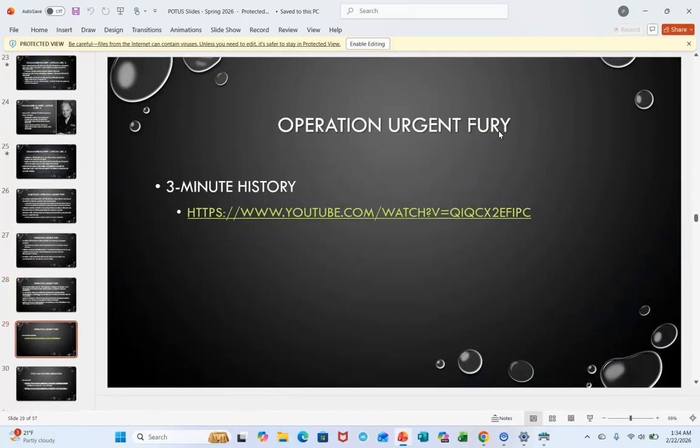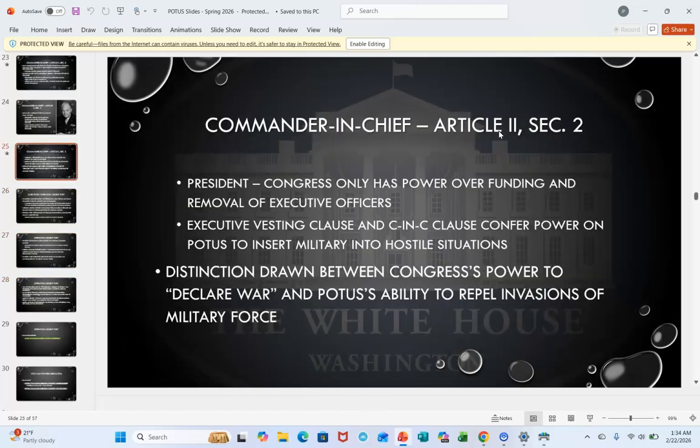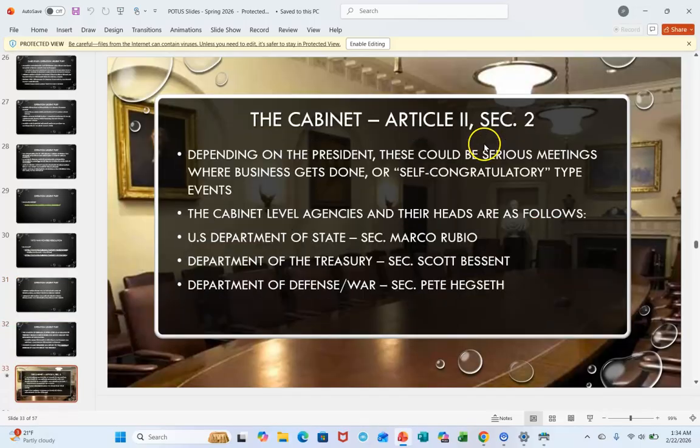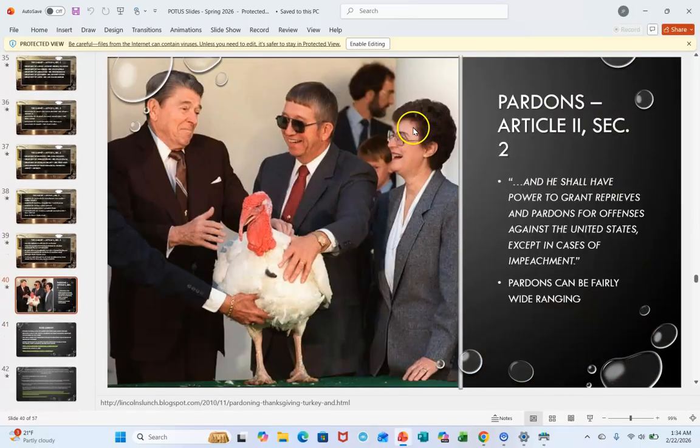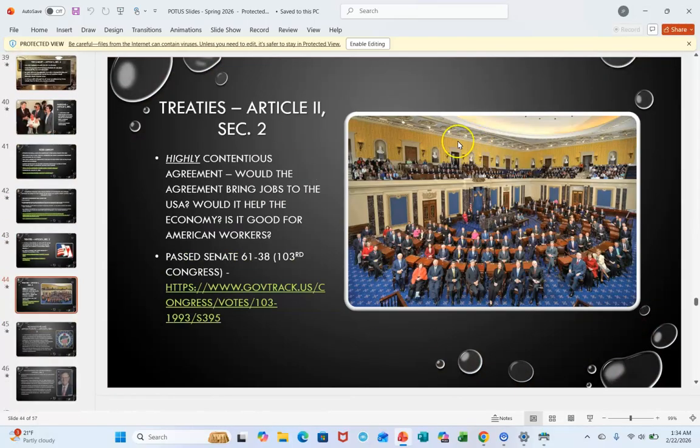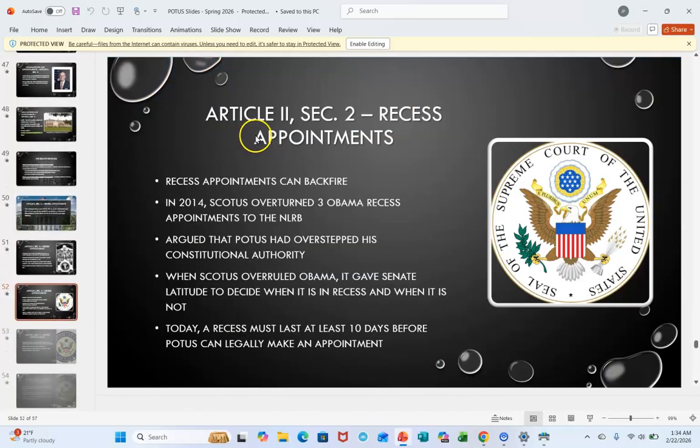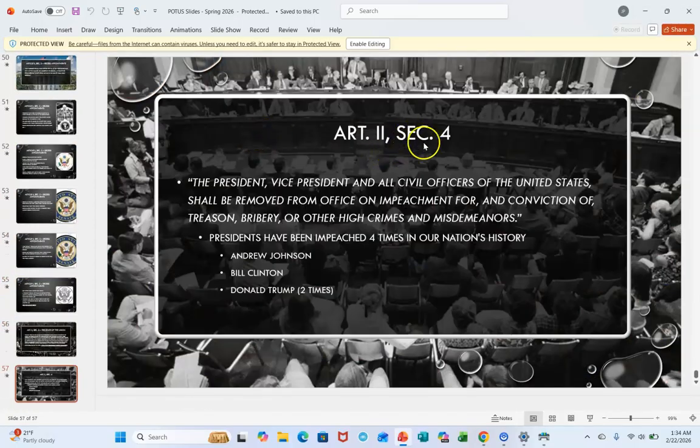But what you'll notice, if you look at these headings, Article 2, Section 2, right? Article 2, Section 2, Article 2, Section 2, Article 2, Section 4.